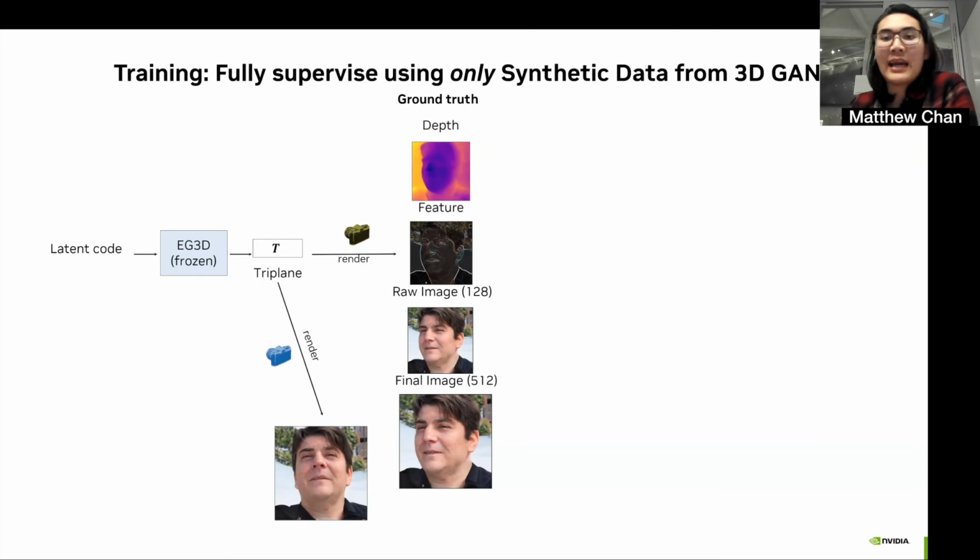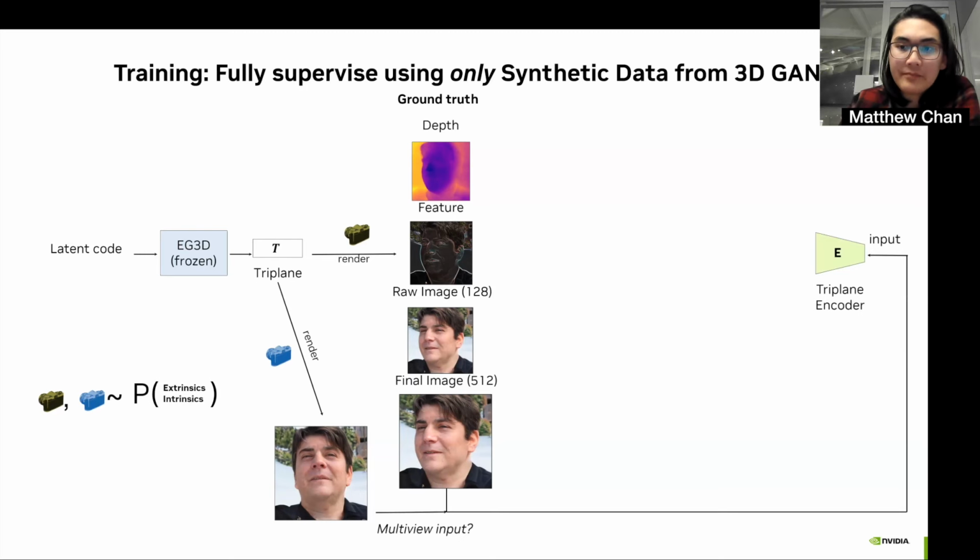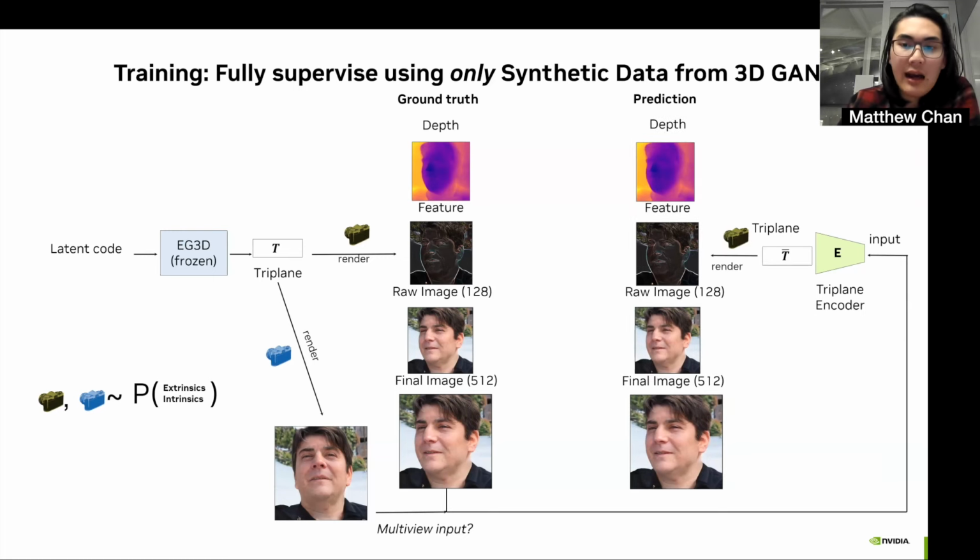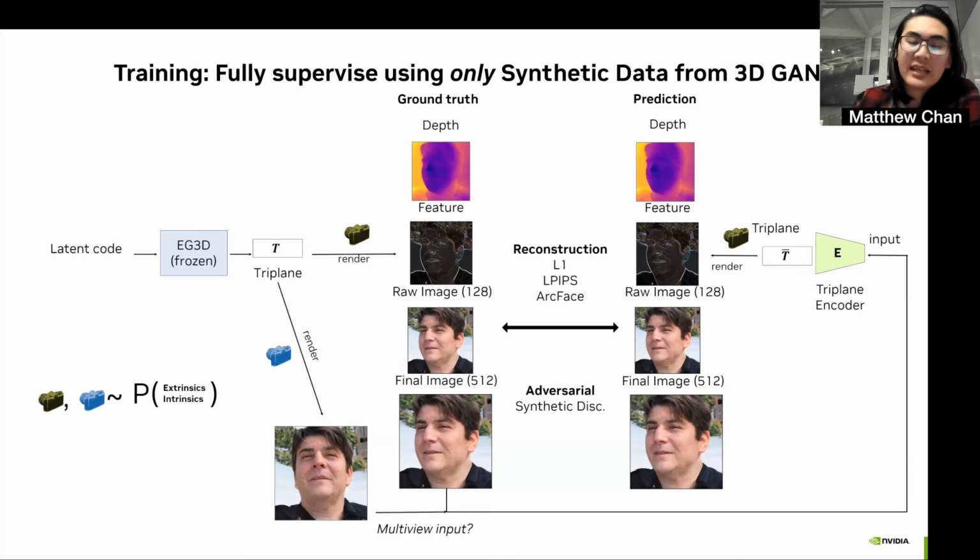The intrinsics and extrinsics of these cameras are sampled from reasonable priors. We'll then take this triplane encoder that receives one of the images as input. And then that will predict a triplane, which will then again render from the same cameras. And then we can compare them via several losses. For instance, standard reconstruction losses or adversarial discriminator-based losses.